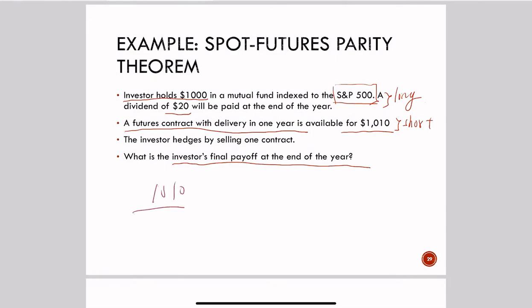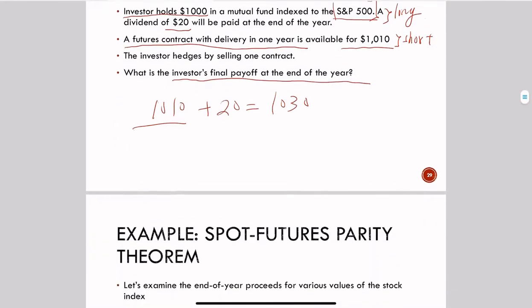And then this S&P 500 portfolio would pay a dividend of $20. So this implies that at the end of the year, the value of this portfolio would be exactly 1,030, right? And let's see how exactly this will work.